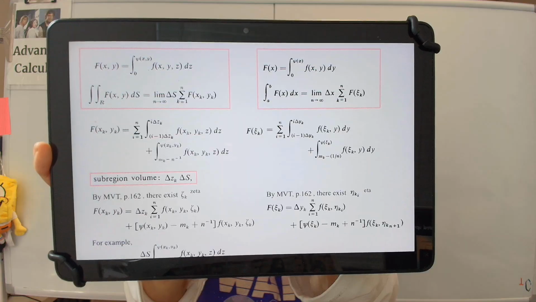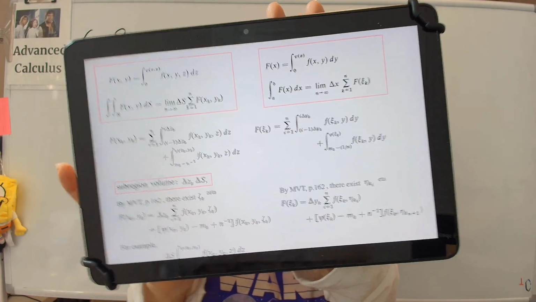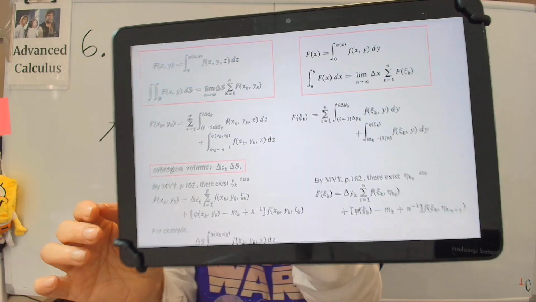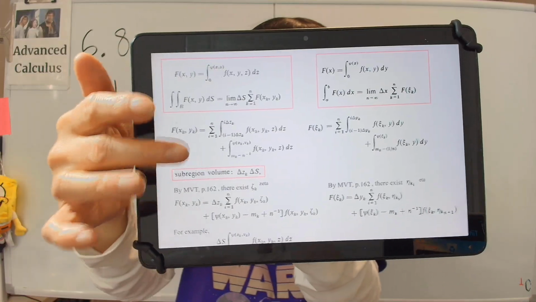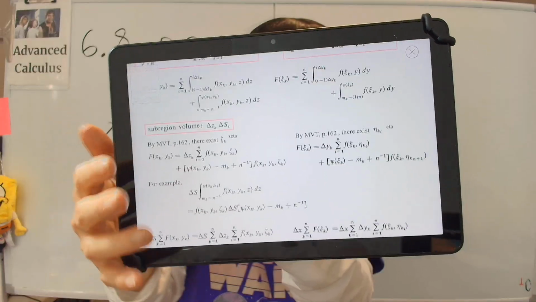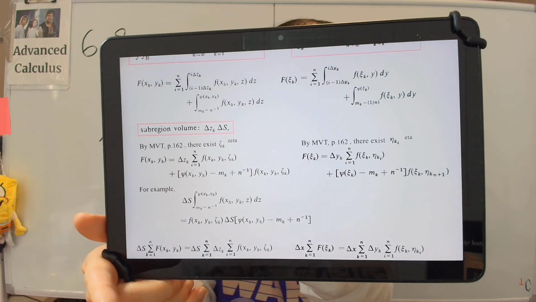Let's see, my screen is not parallel. Anyway, okay, that seems a little better. And so the next part is the subregion. When we crank out the subregion, the volume is delta zk delta s.